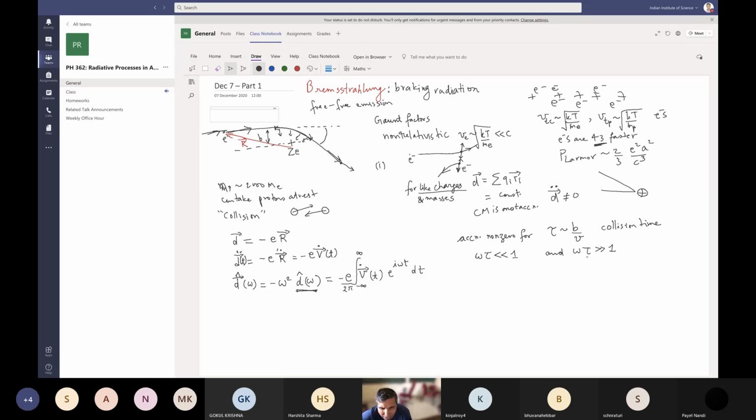In the high frequency regime, most of the acceleration term is non-zero only for a time period of order tau.